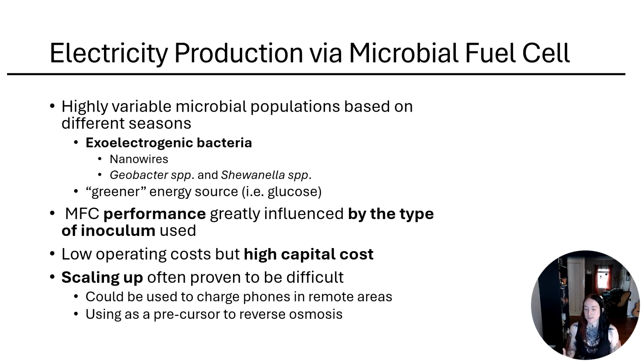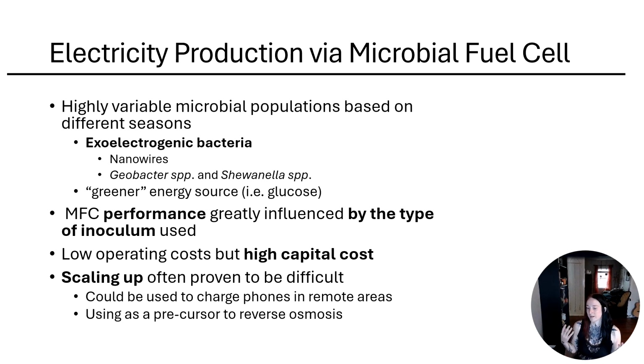In regards to electricity production, as I've said before, the microbial population is highly variable in sludge, and the efficiency of microbial fuel cells is highly variable based on the microbial composition in the fuel cell. With that being said, there's something called exoelectrogenic bacteria.